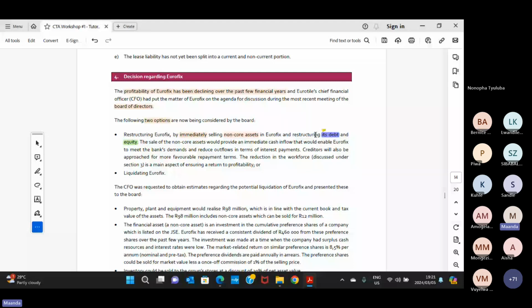So yes, that can be one of the negotiations, right? And it does not stop there. You then need to apply the scenario.